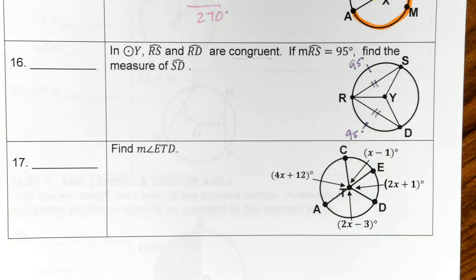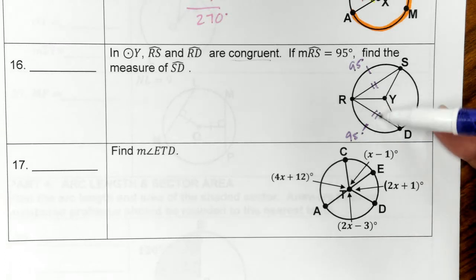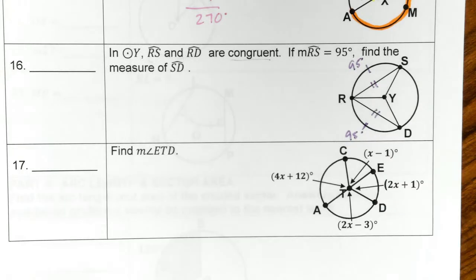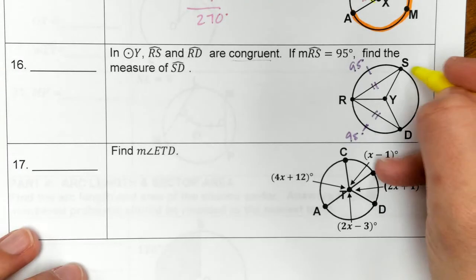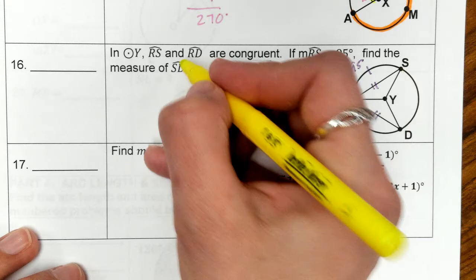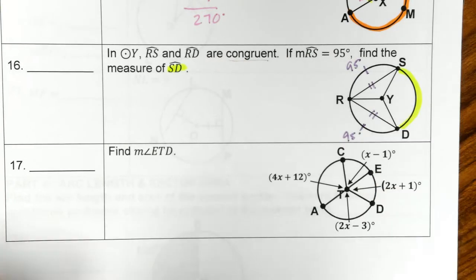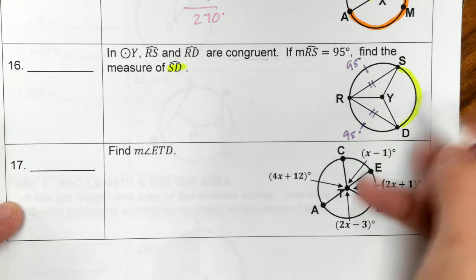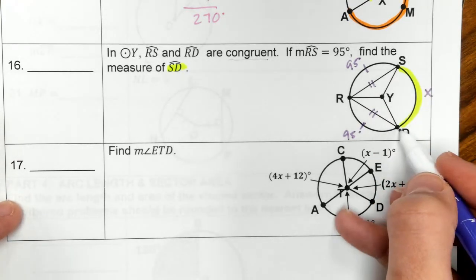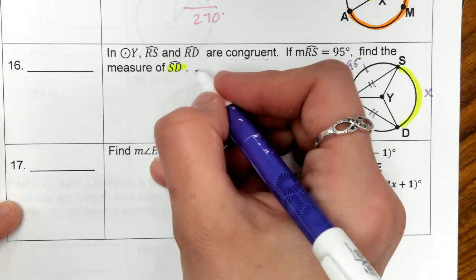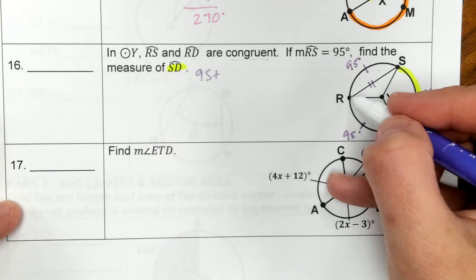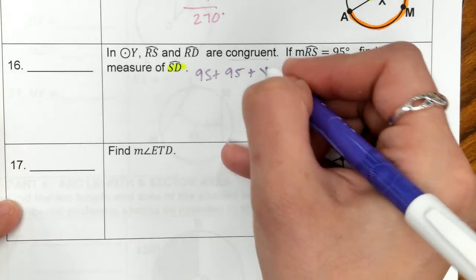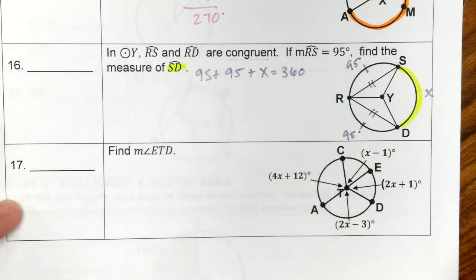Granted, I gave you some extra information with the chords, but you need to know that as well. We want to find the measurement of arc SD. No problem, we already know what the rest of it is, so we can mark that as X. We have arc RD 95 plus arc RS 95 plus X, all equal to 360 degrees.